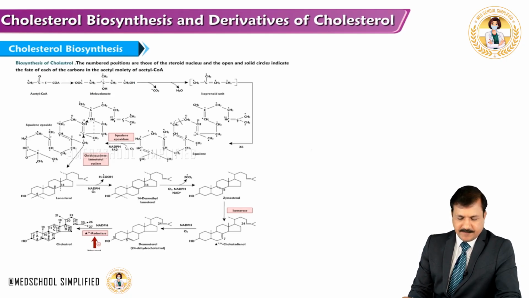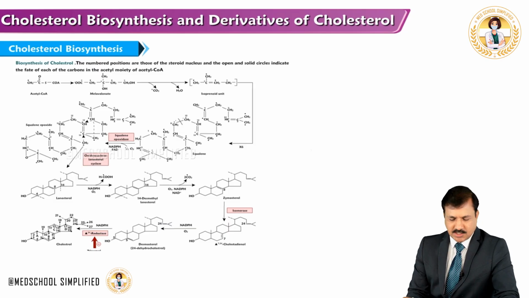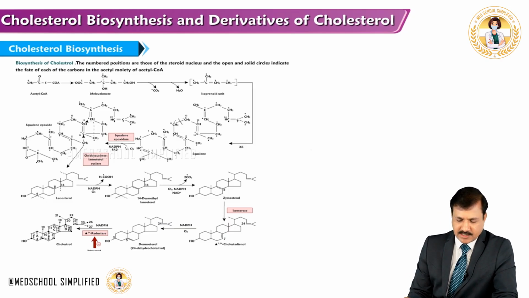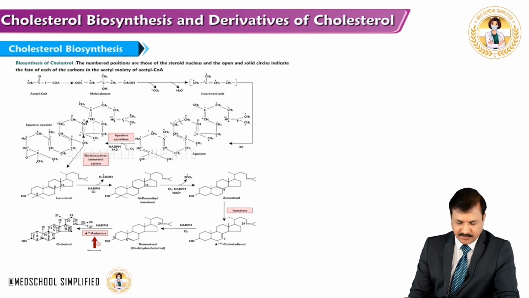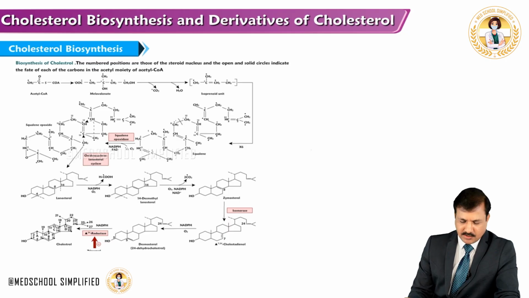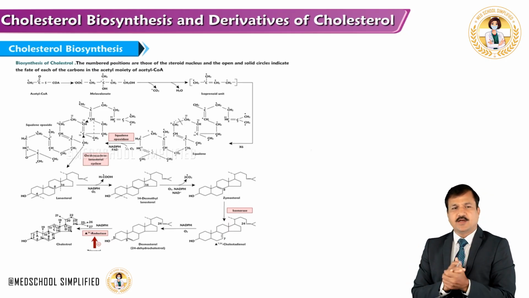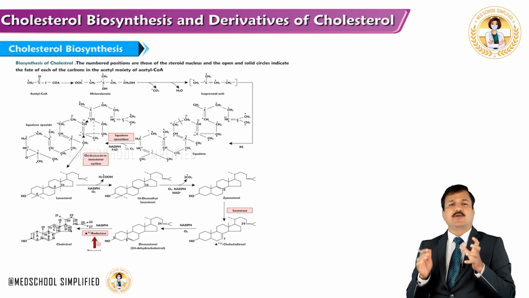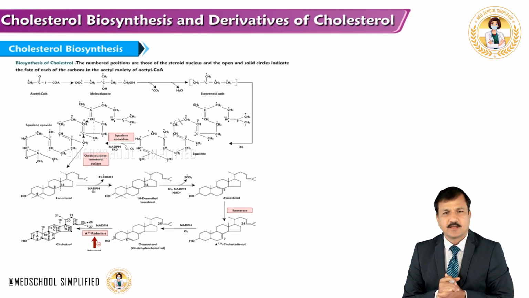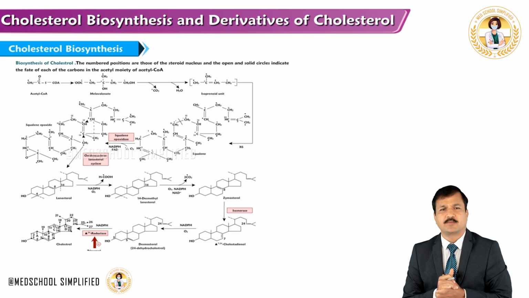As you can see here, in the figure, the numbered positions are those of the steroid nucleus, and the open and solid circles indicate the fate of each of the carbons in the acetyl moiety of acetyl-CoA. So it is a complicated figure, as you can see, but by this time we have an understanding already. We came all the way from 2-carbon acetyl-CoA into complexity.